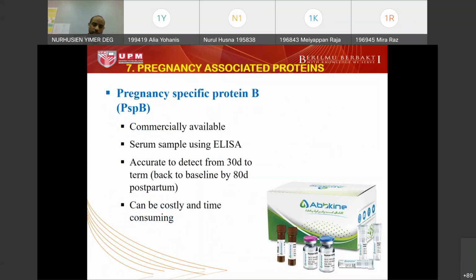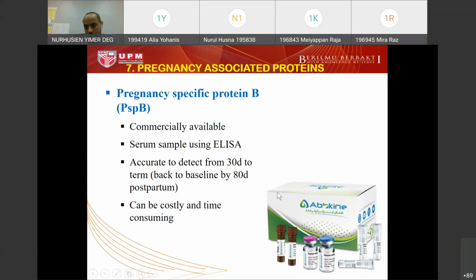So another method of pregnancy diagnosis is also by measuring pregnancy-associated proteins, produced usually by the placenta. One of them is this pregnancy-specific protein B, which has been commercialized to be used for testing. And similar to progesterone, you can use serum samples to analyze using ELISA.